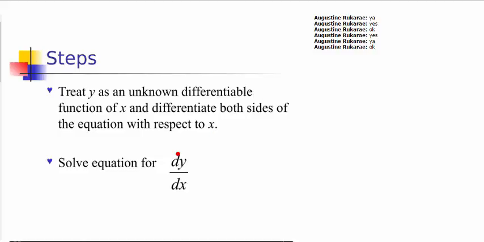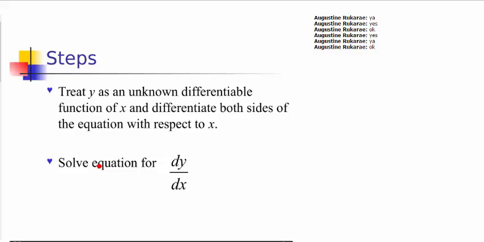So whatever we are differentiating, we have to differentiate in terms of x. Now we have to solve the equation for dy over dx. A very important note to keep in mind is that whenever we differentiate y, we have to put dy over dx.